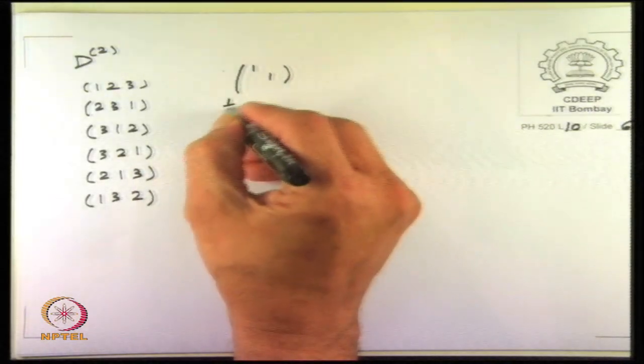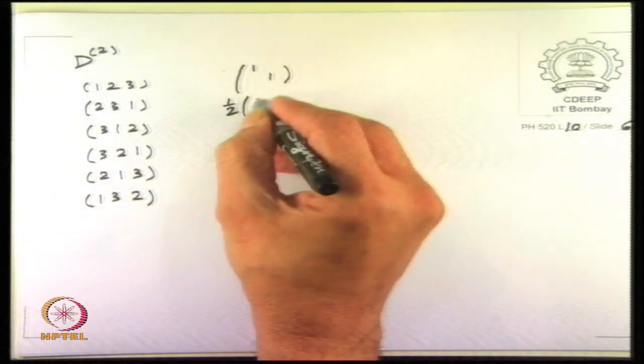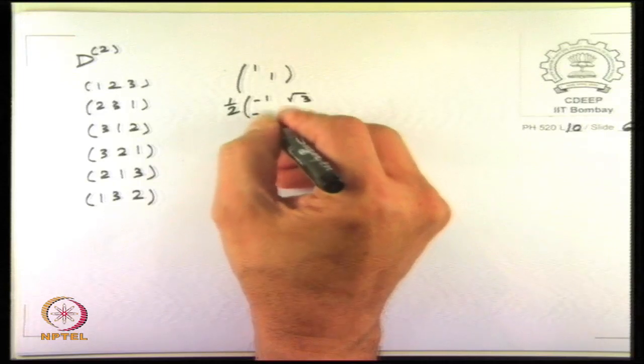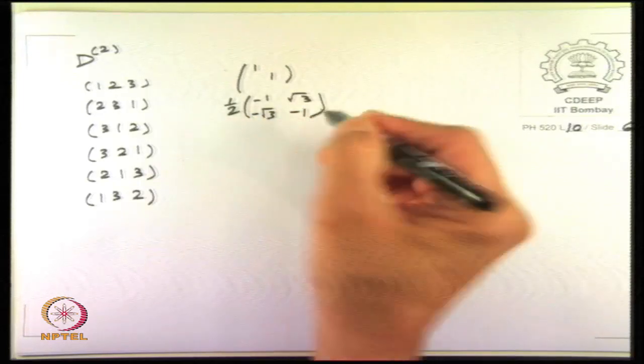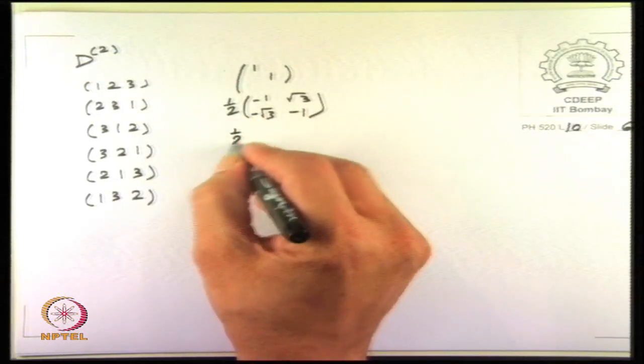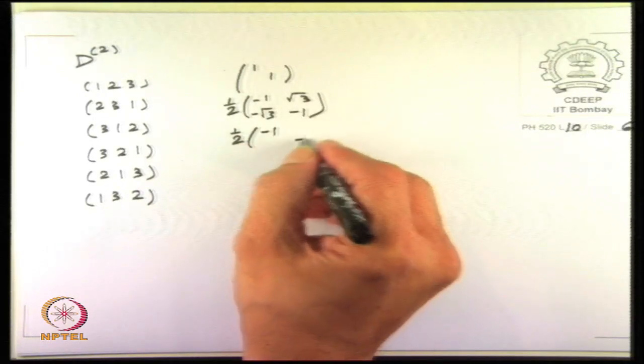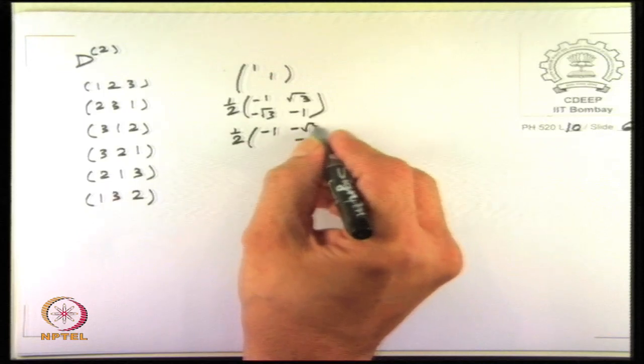Then the next one is 1 half times [-1, square root 3; minus square root 3, -1], and the next one is 1 half, only the signs of square root 3 change: [-1, minus square root 3; square root 3, -1].